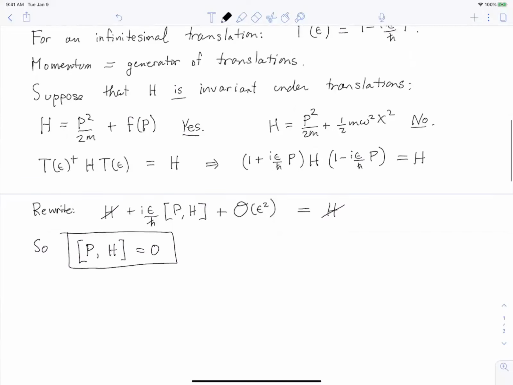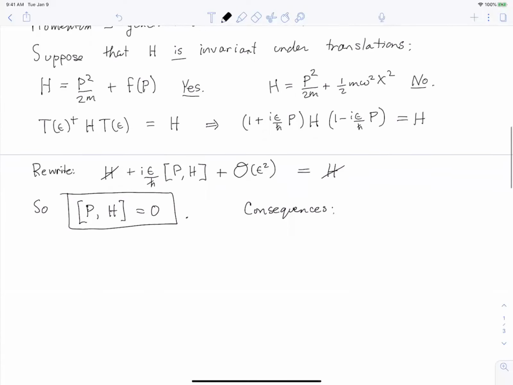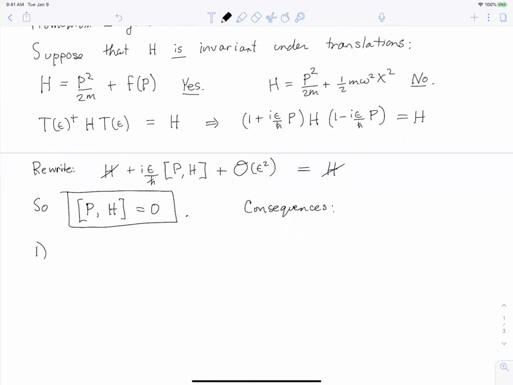Okay, so this has consequences. One is, if you're invariant under translations, there is an orthonormal basis of common eigenstates of the Hamiltonian and the momentum, so of common eigenstates of energy and momentum.